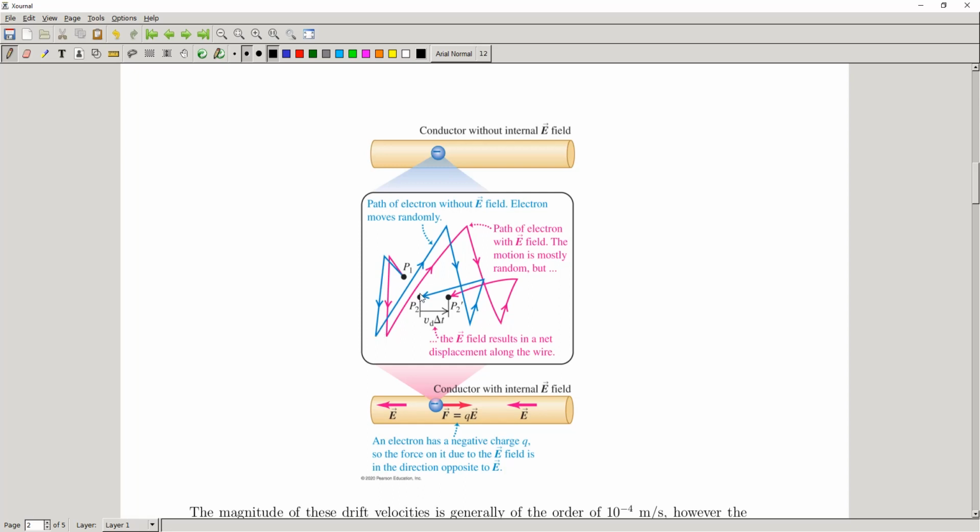But if we force an electric field into this conductor, then what happens? Well, slowly but surely, the particle would normally be following this blue path, but we're going to push it a little bit further down to the right.